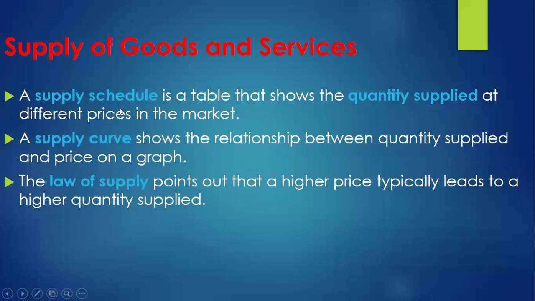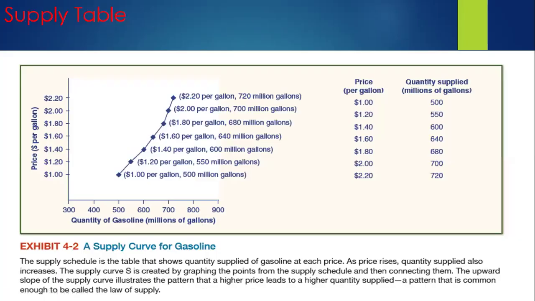Supply also has got a table. I got a supply table here, and this is going to show some numbers, prices, and in this column, we see the quantities changing. So the main factor for supply and demand is the price. The price changes, quantity changes accordingly.